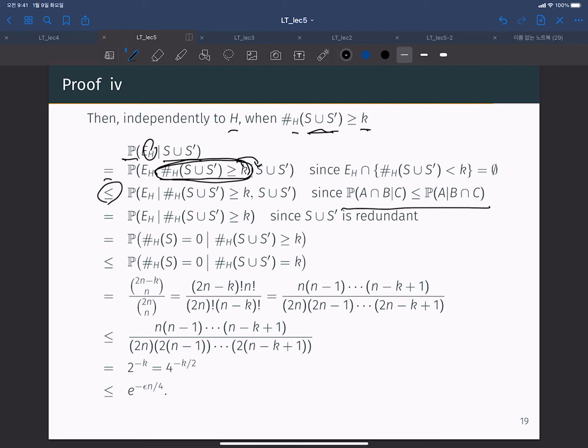That is a very simple trick for multi-conditional events. And this property comes from the fact that the information about the union is redundant when this information is given to us to define EH, because EH simply counts the number of data points.